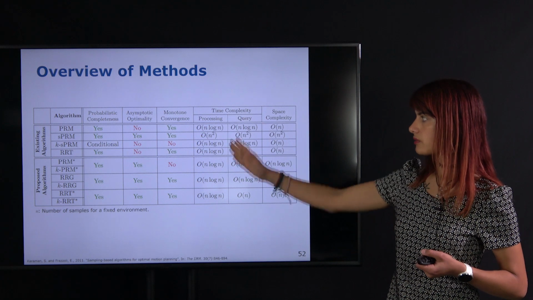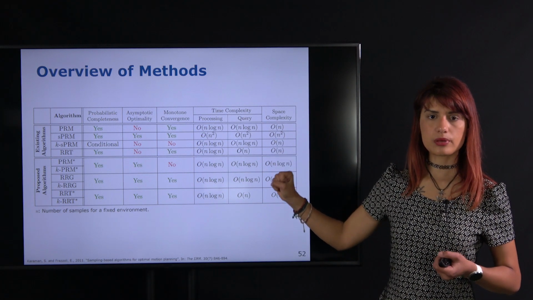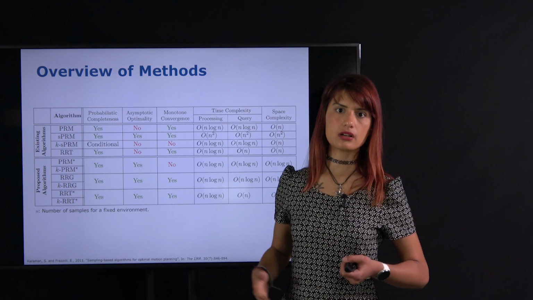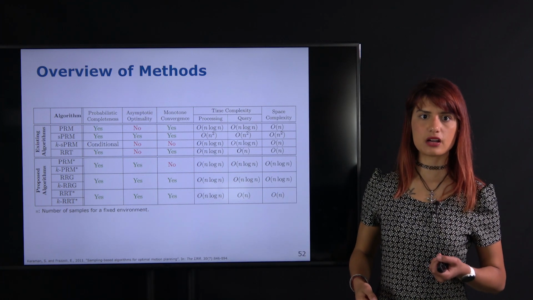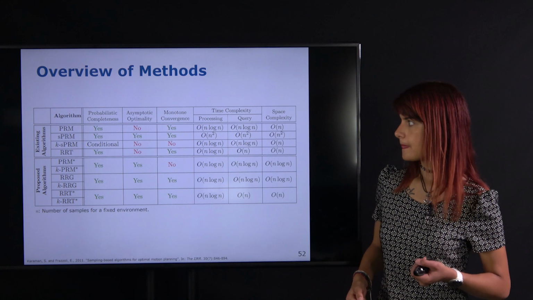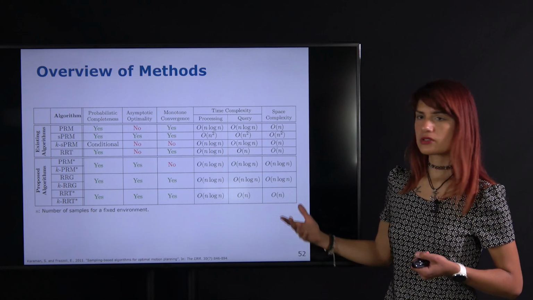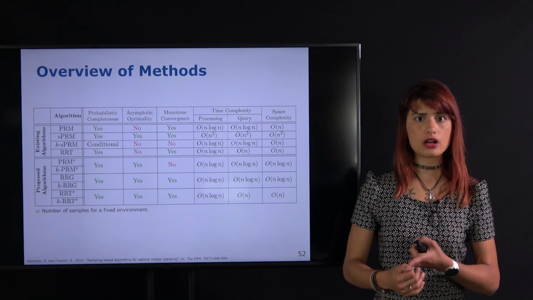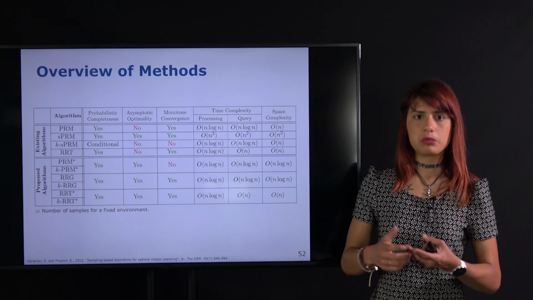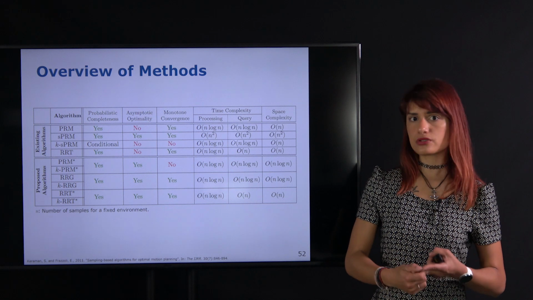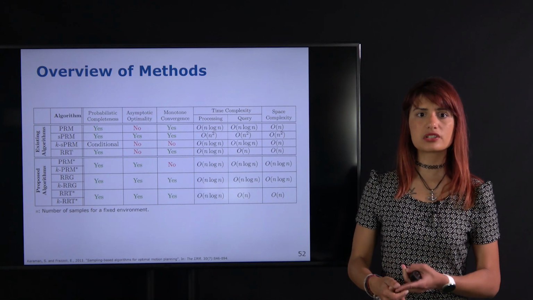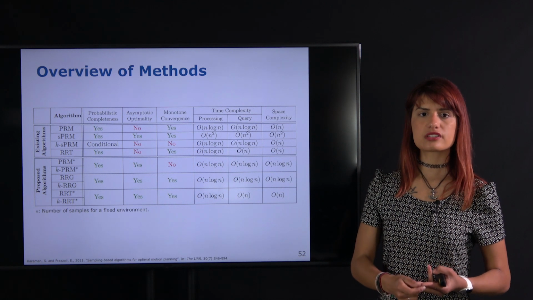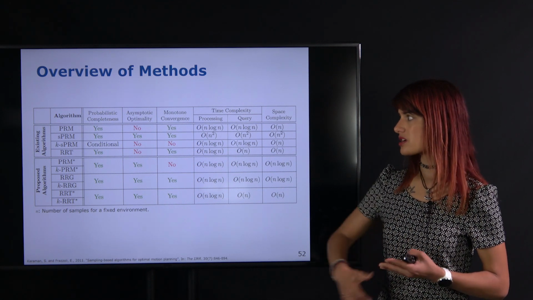And on the right side here, we can see also a comparison in terms of the time and space complexity as a function of the number of samples in a fixed environment. So when we want to implement one of these algorithms, it's important to consider what the environment looks like, what type of planning problems we're expecting to address, whether it's single query or multi-query planning, how much computational resources we have, and what our end goal is.